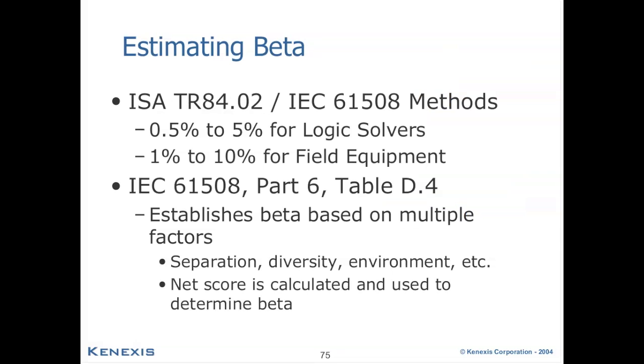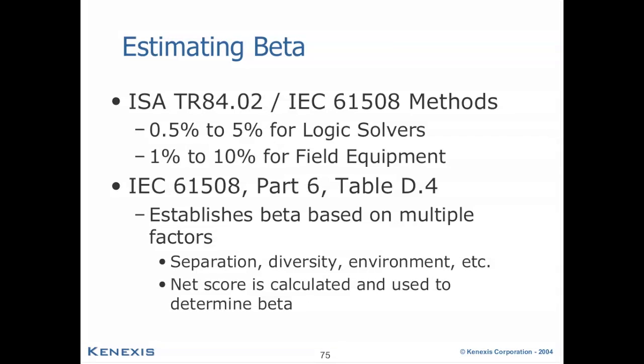Estimating this beta factor can be provided through ISA TR 84.02 or IEC 61508 methods. These standards typically provide a value of 0.5% to 5% for logic solvers and 1 to 10% for field equipment.